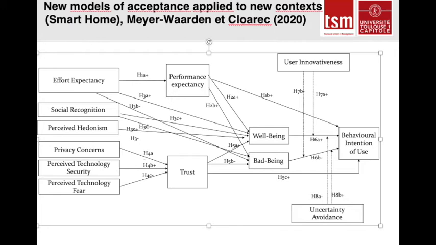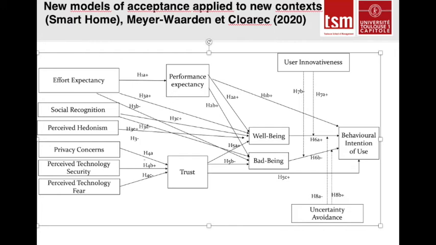We can see also that social recognition and perceived hedonism impact well-being, and the higher the well-being perceived, so mental well-being, psychological well-being, and health well-being, the higher will be also the intention to use. On the other hand, trust has a negative impact on bad being.